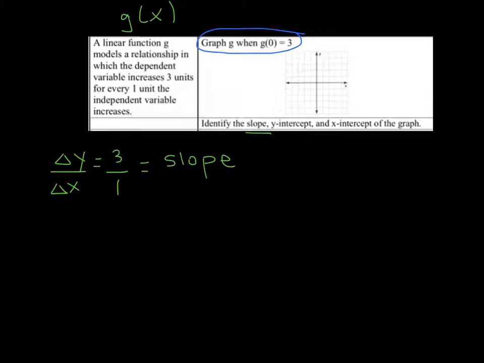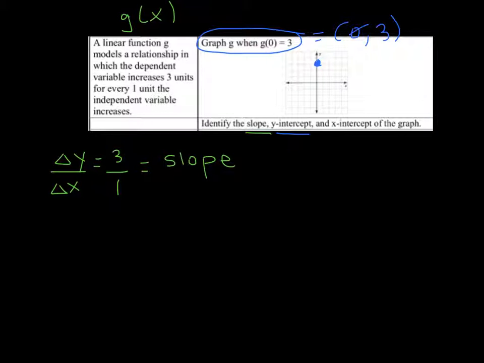So the ordered pair that they're giving me right here is that x is 0 and my output, or y, would be 3. So (0, 3) has to be my y-intercept, okay? So that's the first thing I'm going to graph is my y-intercept. So I'm going to go to 3 on the y-axis, and I'm going to put a point.